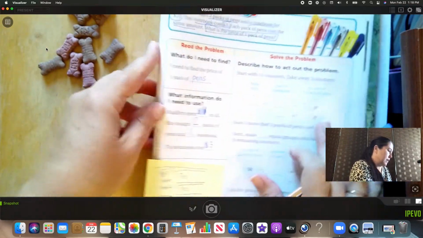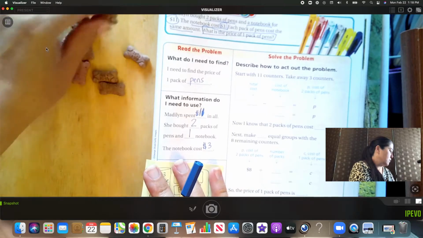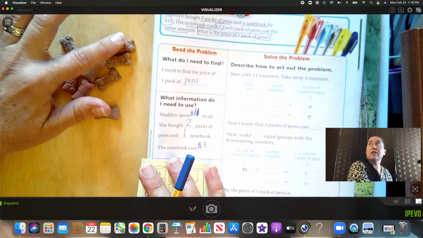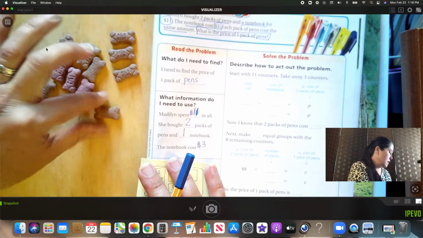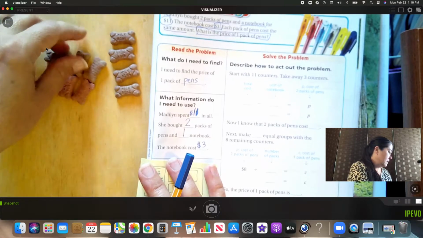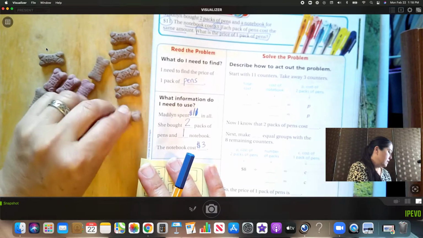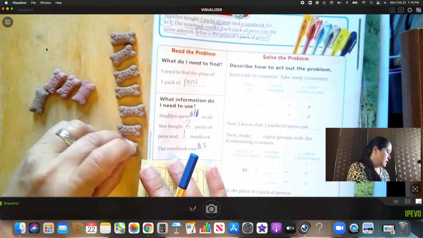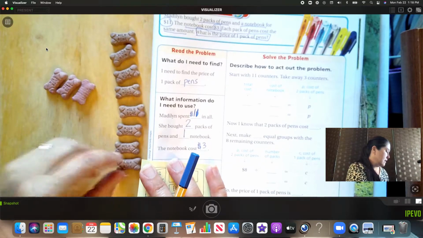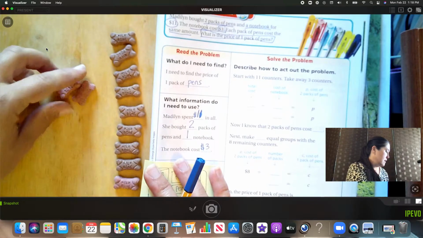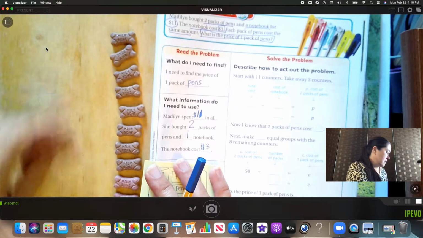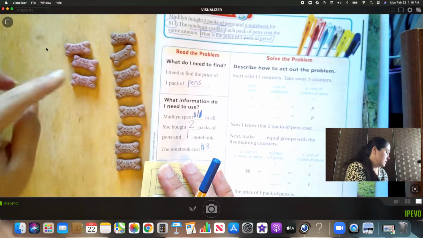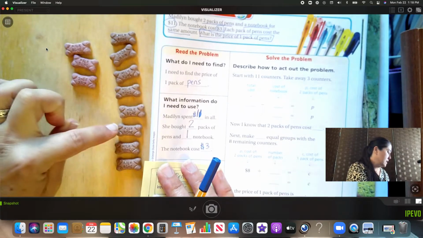Here are 11 counters. 1, 2, 3, 4, 5, 6, 7, 8, 9, 10, 11. Can you see? No, you can't even see them all. All right. So 1, 2, 3, 4, 5, 6, 7, 8, 9, 10, 11.